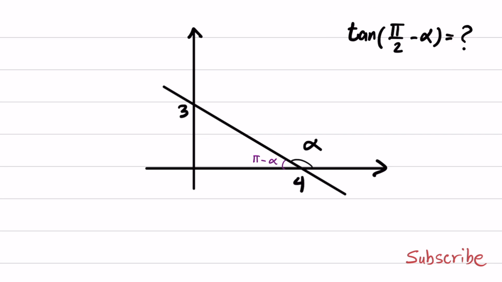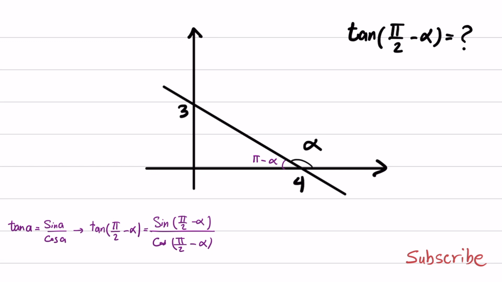So we know that tangent of an angle is equal to sine of the angle divided by cosine of that angle. Therefore, tangent pi over 2 minus alpha is equal to sine of pi over 2 minus alpha divided by cosine pi over 2 minus alpha. There are some trigonometric relations related to pi over 2 minus an angle, which I'm going to use in this solution.